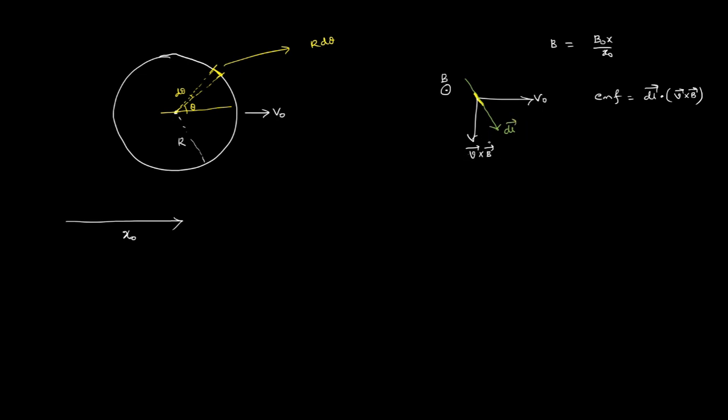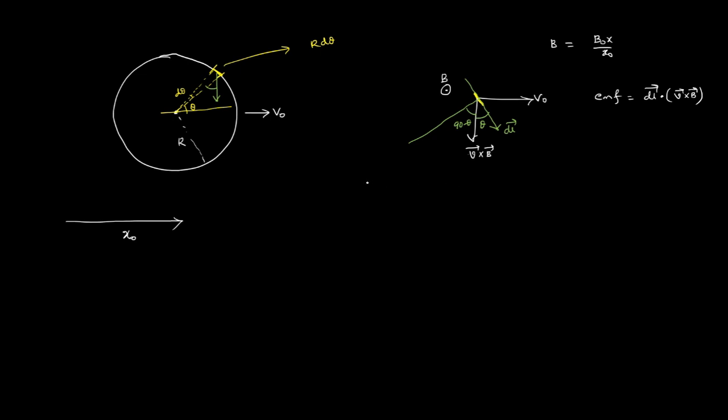Then the angle between v bar cross b bar and dl: this is theta, and this is the downward sense v bar cross b bar, so this angle is 90 minus theta. Then this angle will be theta. Got it? Try to understand this part. This is the only thing you need to understand, and the remaining is all simple mathematics.